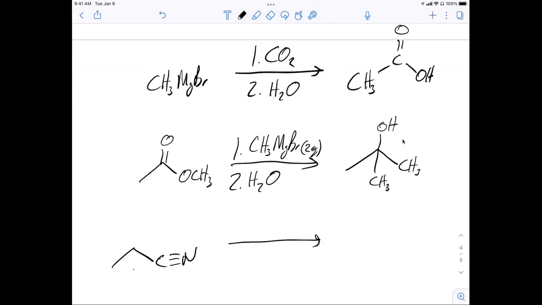And we can have the Grignard react with a nitrile. Okay, and this one difference here, we're going to finish this one off with H3O+, so we're acid and water.